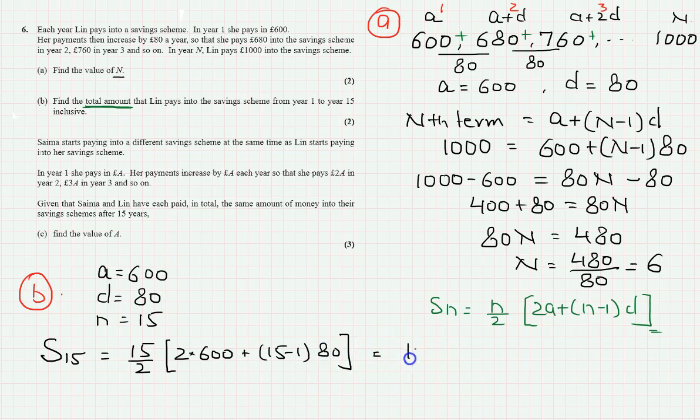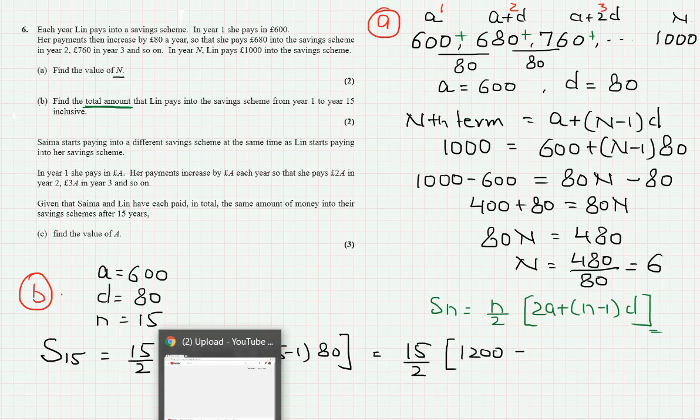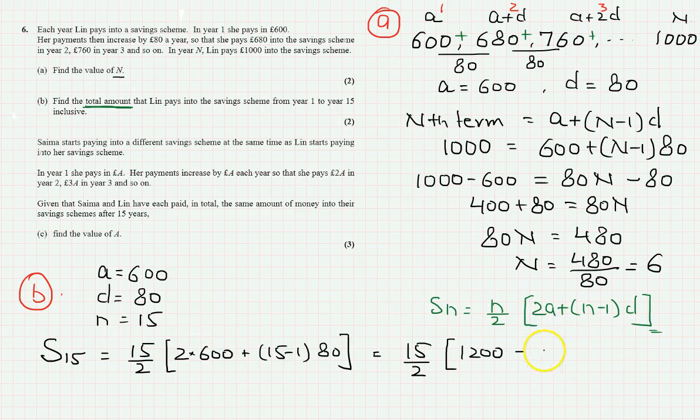So it will be 15 over 2, times 1200, plus 15 minus 1 is 14, and 14 times 80 is 1120.